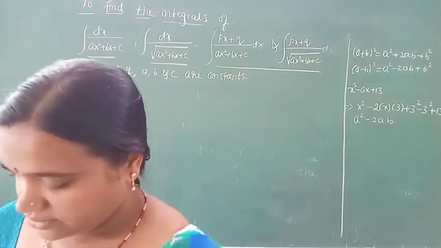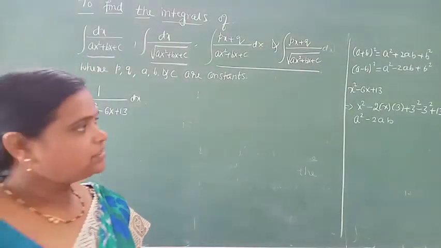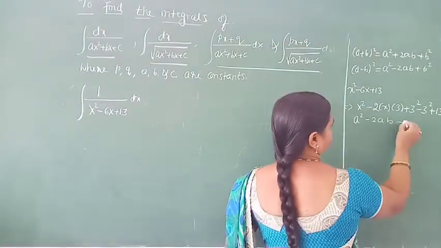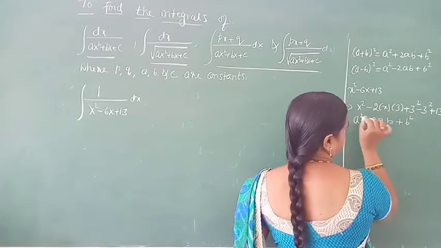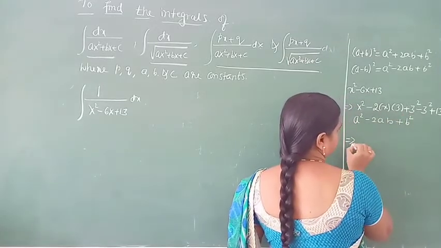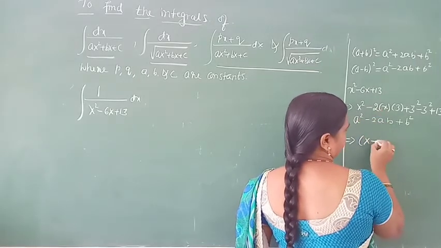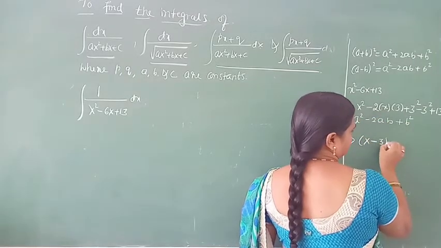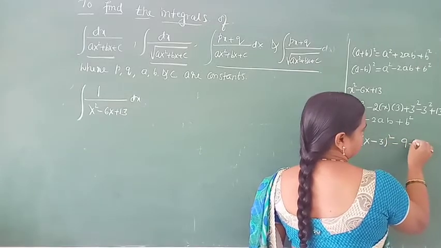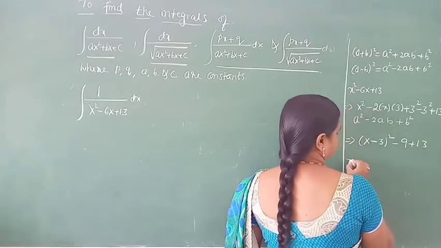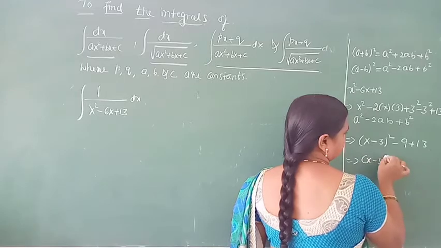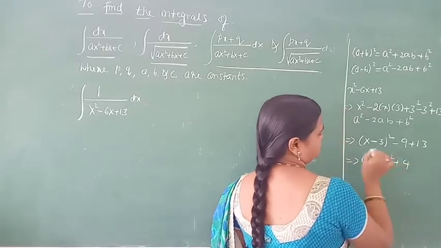Correct. Next, this is a square minus 2ab plus b square, which is the formula of a minus b the whole square. What is a? x. What is b? 3. So x minus 3 the whole square minus 9 plus 13. This is x minus 3 the whole square plus 4.